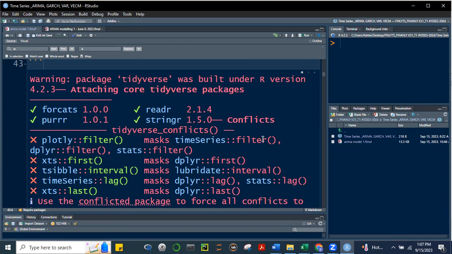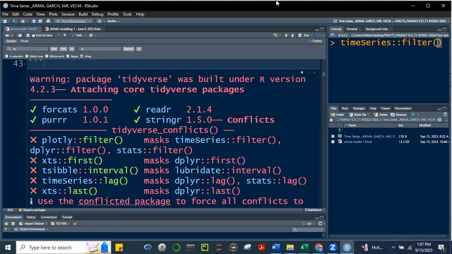So if I need the filter function coming from tseries, then I will have to write tseries, double colon, filter. Okay, if I want to make use of the function filter coming from tseries, I write my code here. Because if I just use filter, what will happen is that the filter function coming from plotly will be the one that's run.